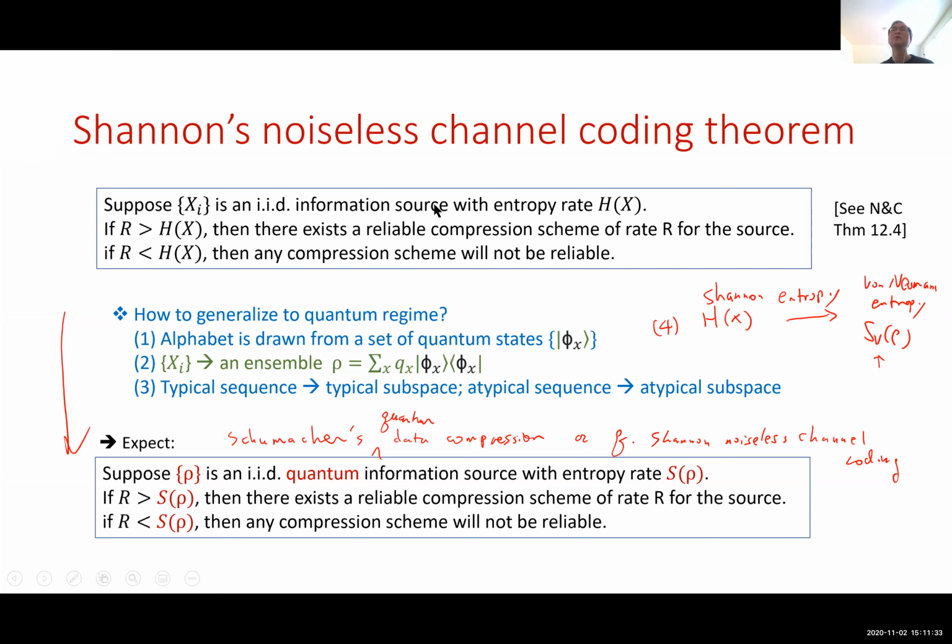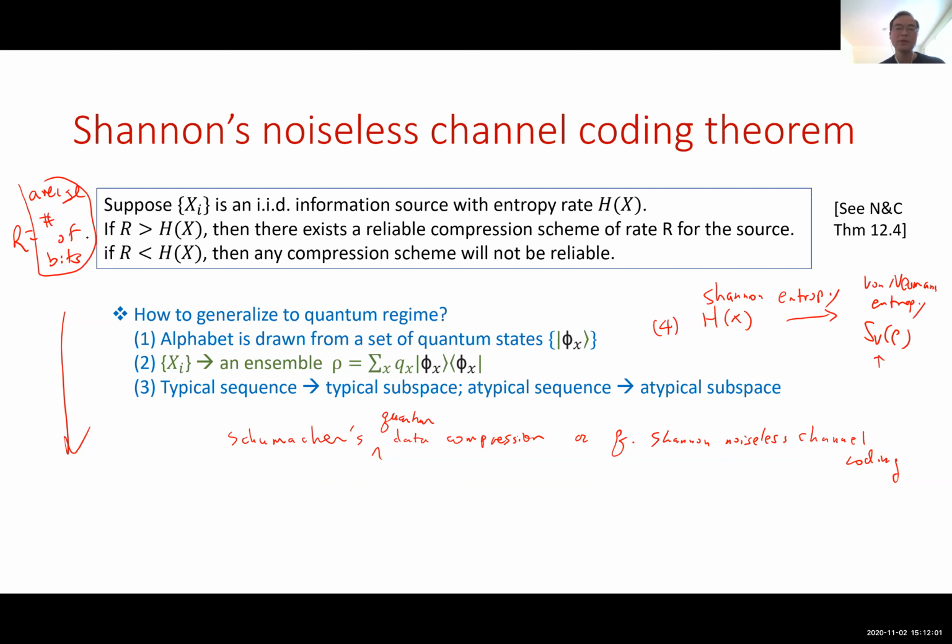Okay. Is there a formula for R again? R is just any number. So you have a number, you have an entropy rate, right? R is really just the average number of bits.